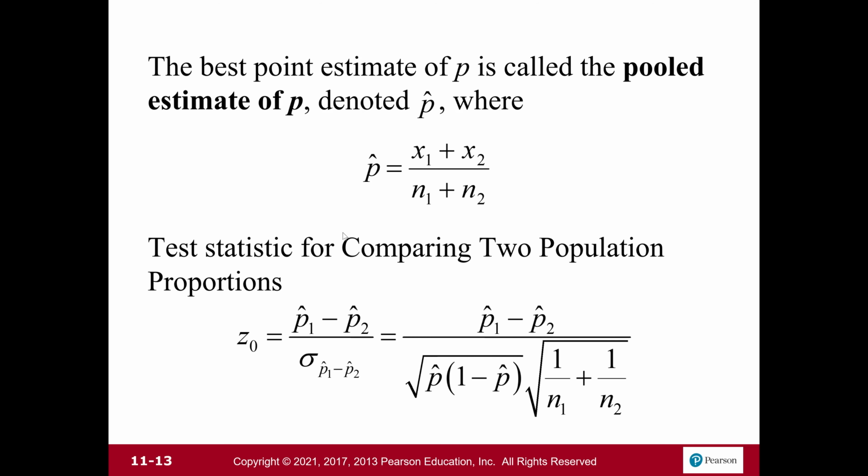This is how we'd calculate the test statistic. Notice that that p hat is the pooled one, so it's the square root of p hat times 1 minus p hat.